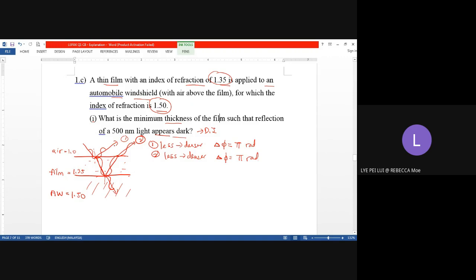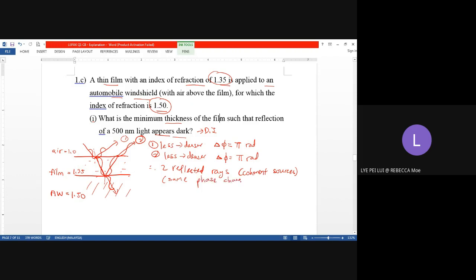Therefore, the two reflected rays are coherent sources with the same phase change.